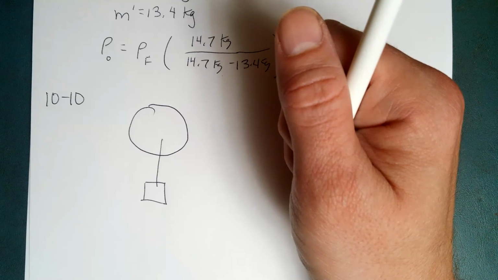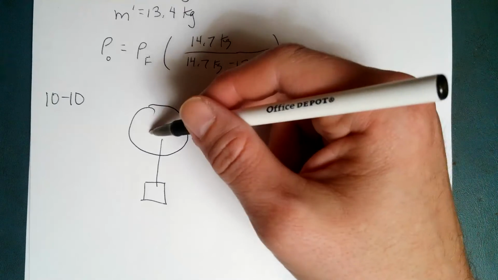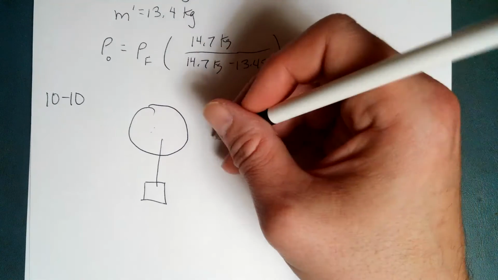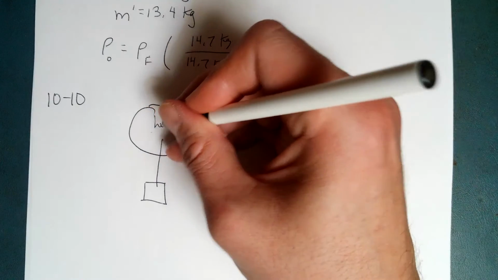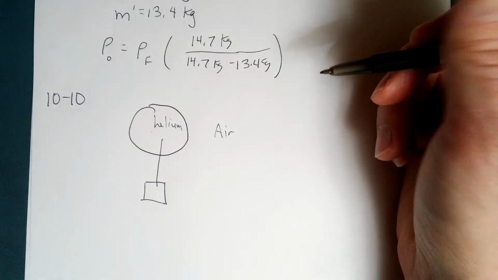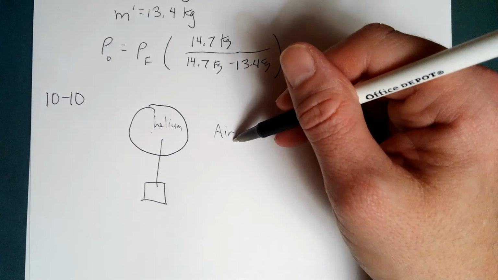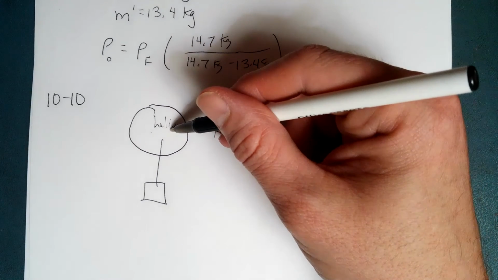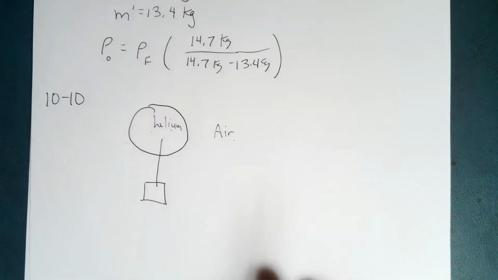So this is very similar to that first problem, except now it's a helium balloon in air. So in this case, the air is the fluid. The helium is actually the object. Helium contained in the balloon is the object.